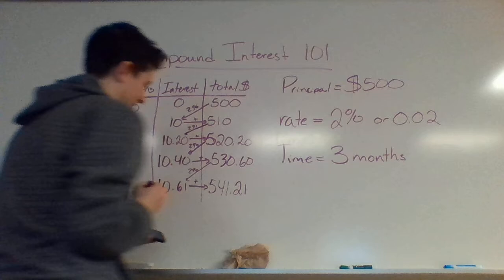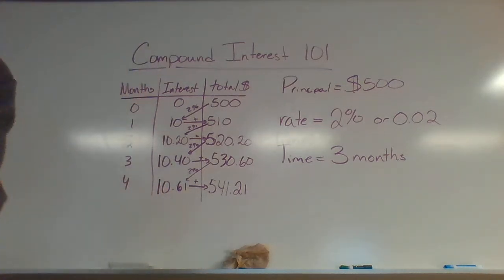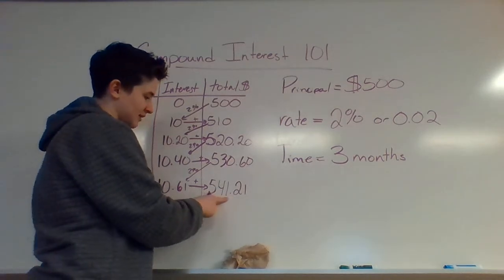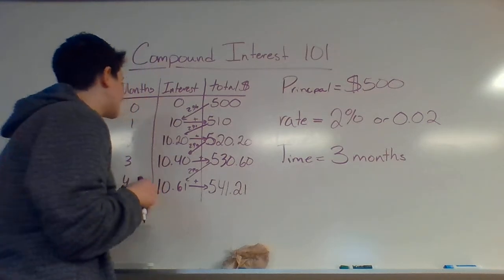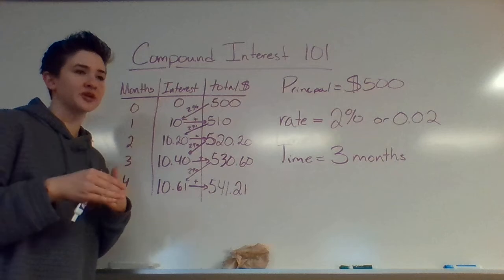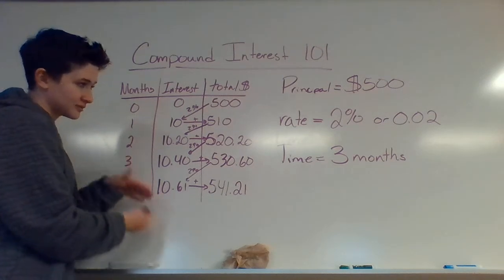Now if we think about this comparatively, by the time we got down here, for our simple interest, we had $540. So already our compound interest has given us $1.21 more than we would have had we just been using simple interest. And it'll continue to grow as we move.